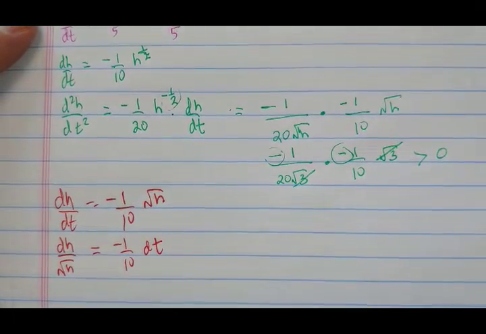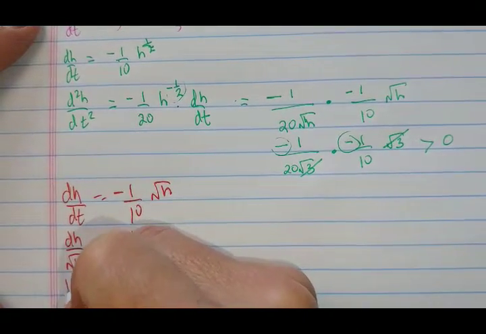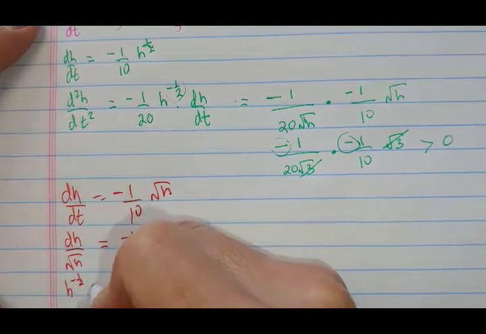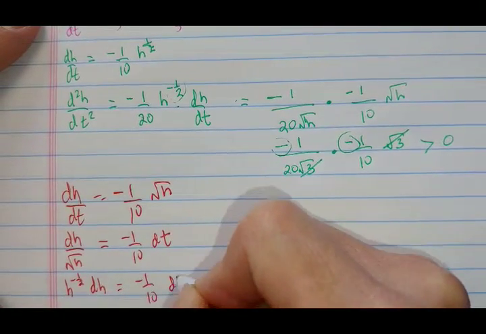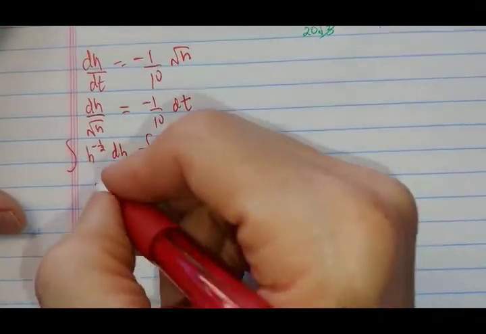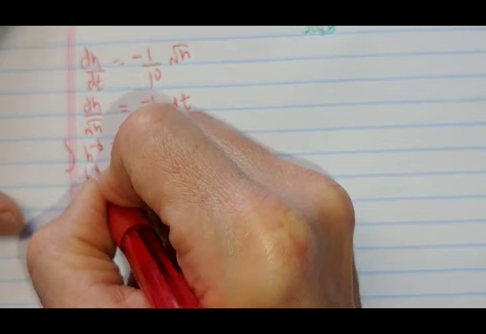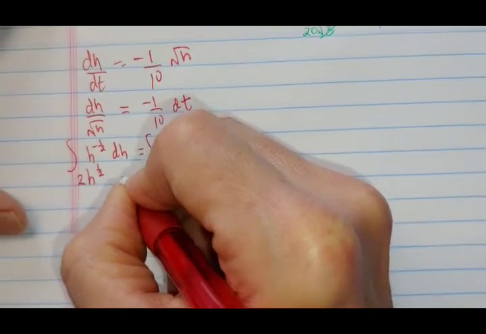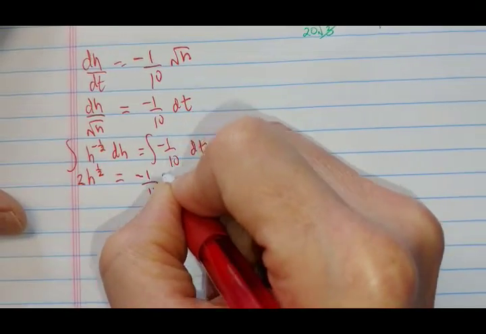So I'm going to get 1 point for that separation. I would do a rewrite here to make this h to the negative 1/2 power dh equal to negative 1/10 dt. I'm going to integrate on both sides. I'm going to increase the power by 1, so that'll make 1/2 divided by 1/2 is 2. On the right side, I'm going to get negative 1/10 t.